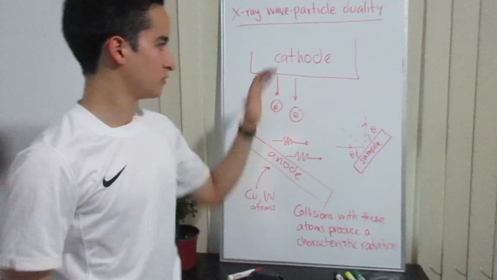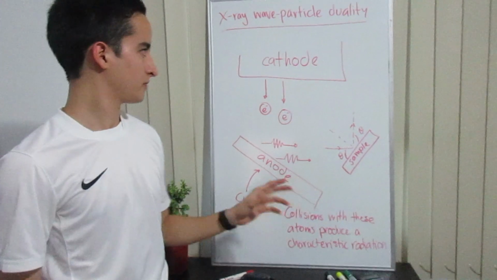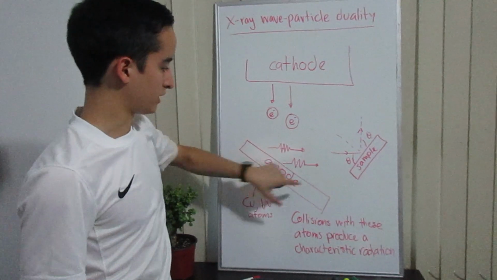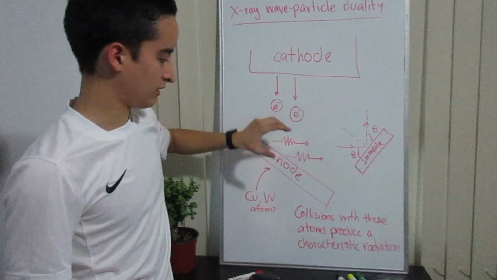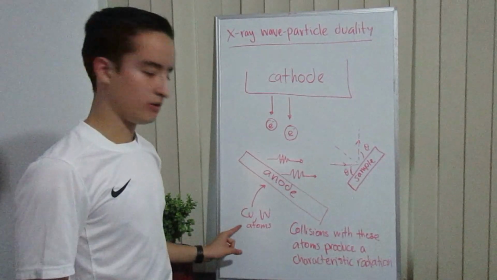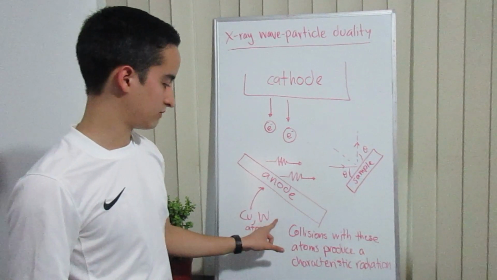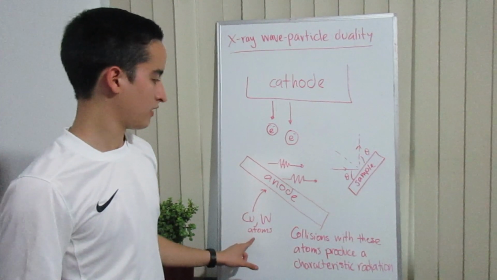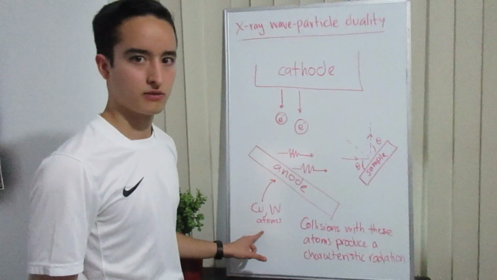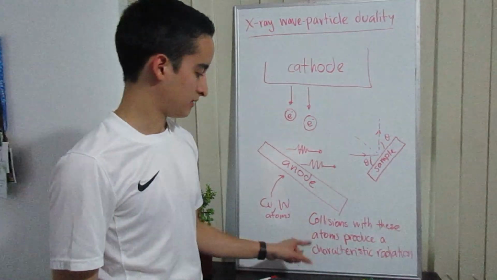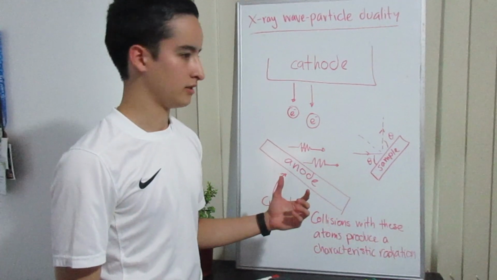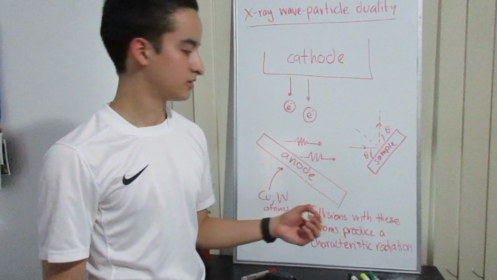So let's zoom in on the circuit we had previously. Here, the electrons that flow from the cathode to the anode strike the anode, but let's be specific about what's happening in the anode. The anode is made up of copper or sometimes tungsten atoms. So when the electrons collide with these kinds of atoms, it produces a characteristic radiation, which is in the order of X-rays.